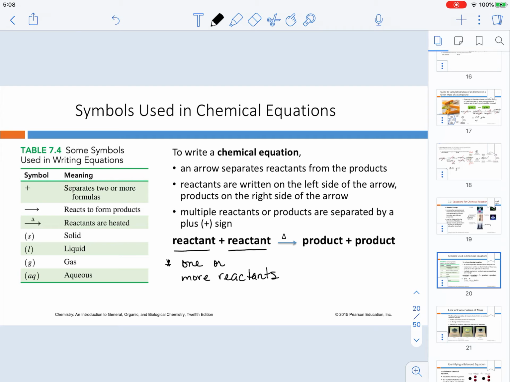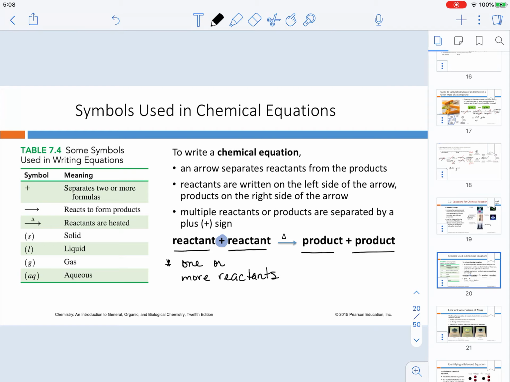Now, if you have more than one reactant, as you can see, a positive sign is utilized to separate them. On the other side of the arrow, so the arrow is always going to be pointing to the products of the reaction. So these are going to be the compounds that are produced from a chemical change or a chemical reaction.